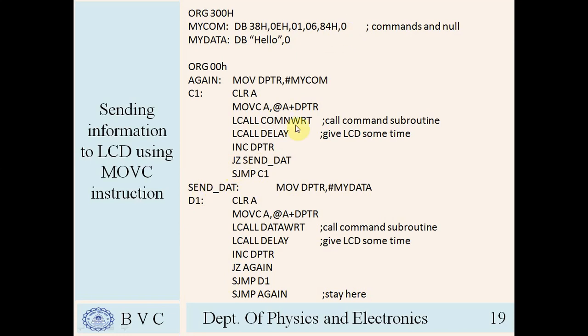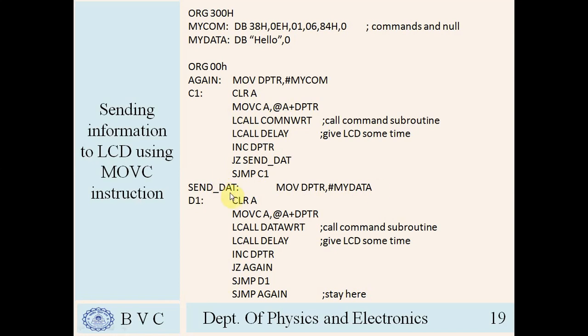If this number is not 0, it will treat that as a command, so it will not come out of the loop. Since the last character is 0, the jump on zero is taken, the number is 0, so it will come out of the loop. And then go to the next data.